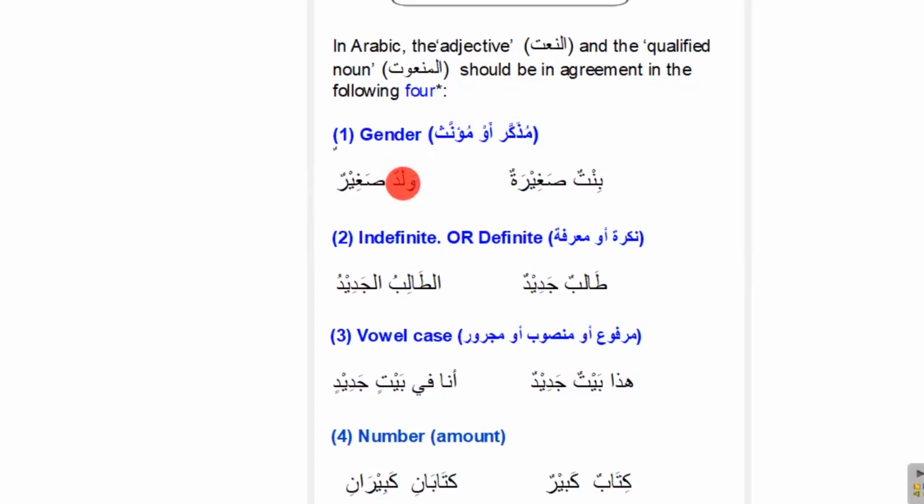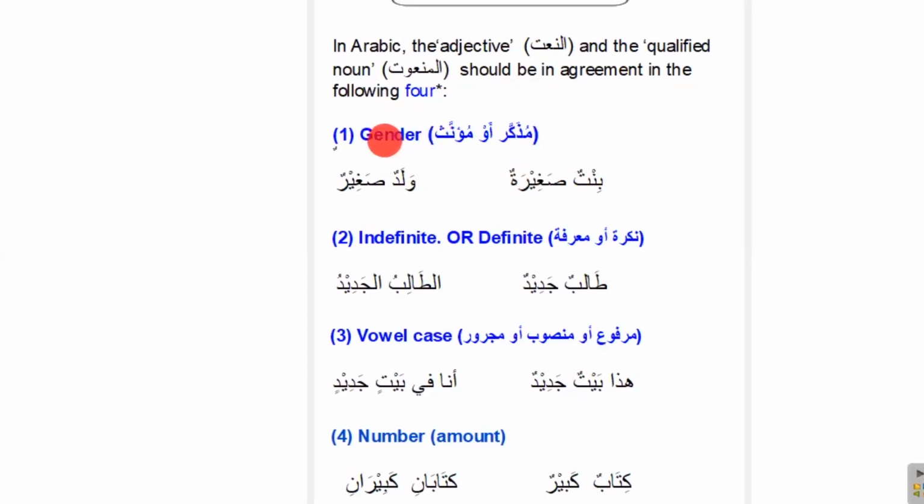But the differentiation is, because this is talking about a male, there is no ta marbuta. But this is in reference to a female daughter, so a ta marbuta had to be added. So that's what we are saying in terms of gender.